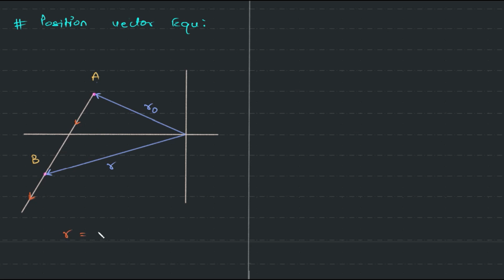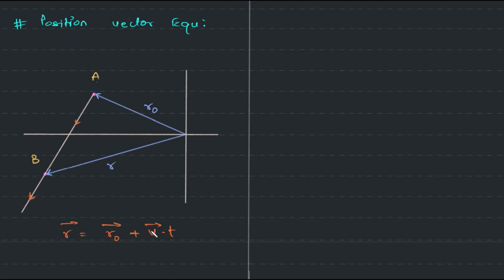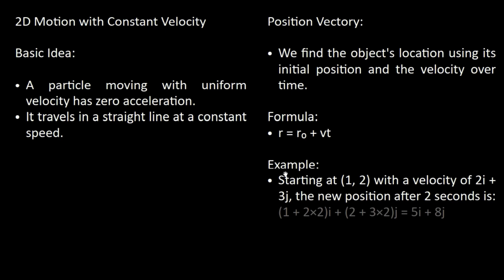So this r is equal to r naught plus the velocity times t. As simple as that. So r is equal to r naught plus velocity times t. I'm not able to type in the vector notation, that will just consume my time, so I'm going to write it over here, but you guys always have to write it the right way.